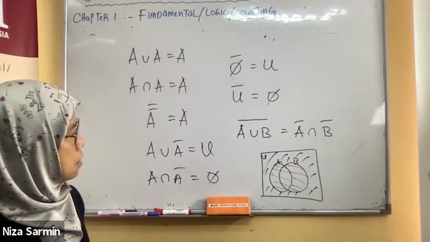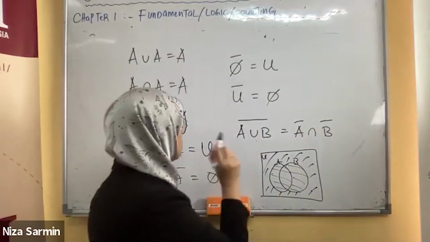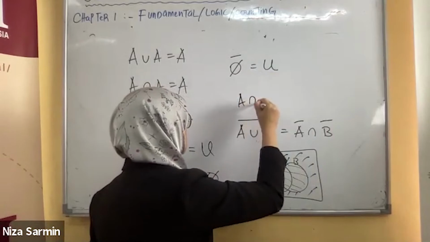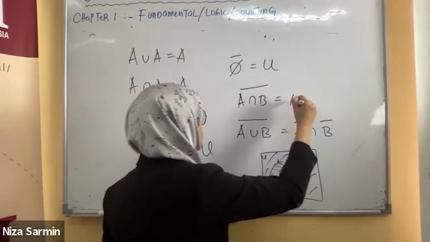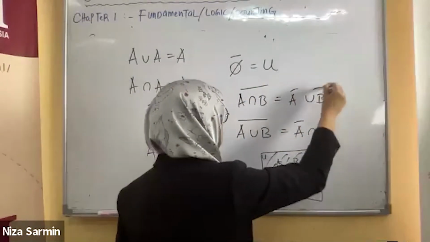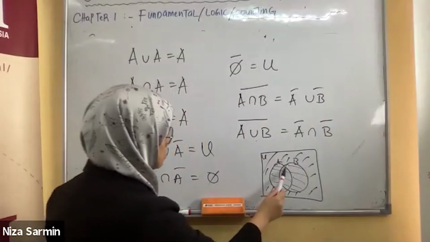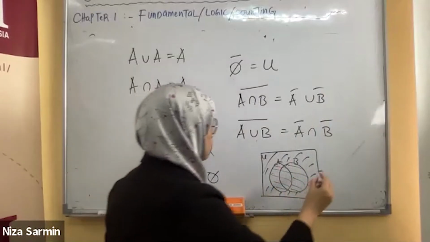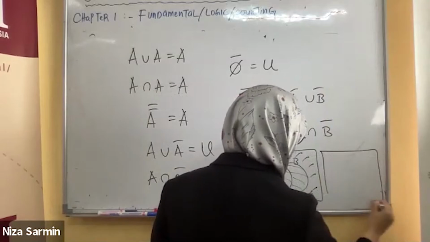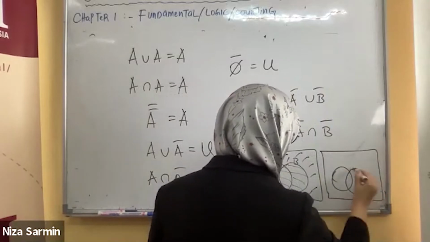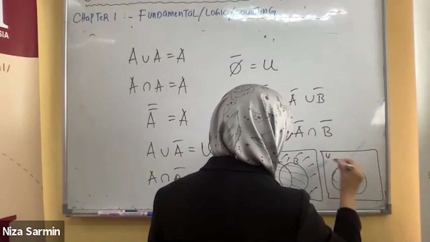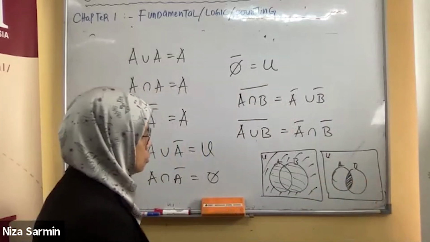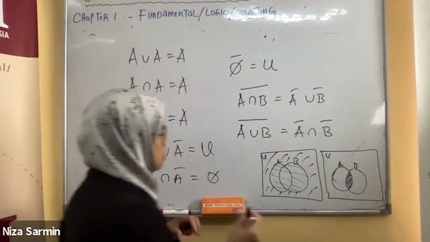And A intersect B complement is A complement union B complement. A intersect B is here, complement is outside there. I like to write here. This one, this A union B. So the complement is everything outside.